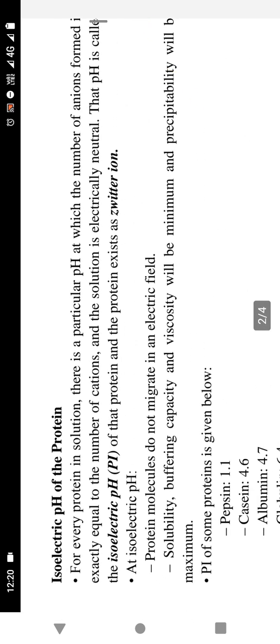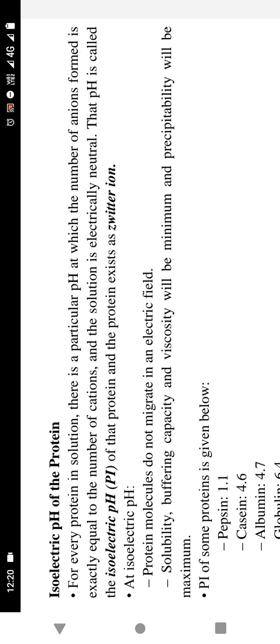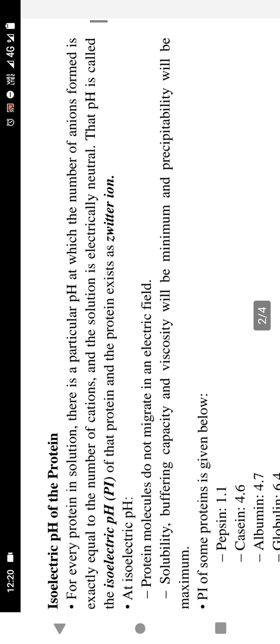Next we see the isoelectric pH of the protein. For every protein in solution, there is a particular pH at which the number of anions formed is exactly equal to the number of cations.